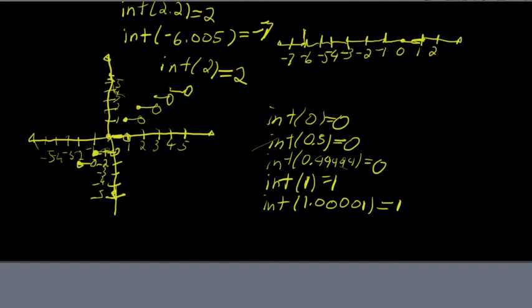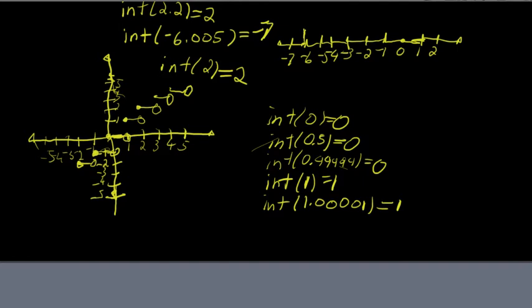Alright. And that's why you have a closed circle here for x equals negative 1 at negative 1 and an open circle at negative 2. But if you looked at negative 1.00001, the biggest integer that's smaller than or equal to it is negative 2.